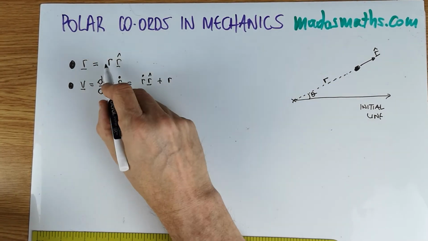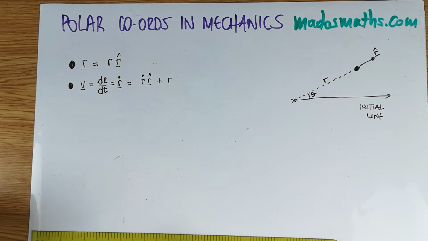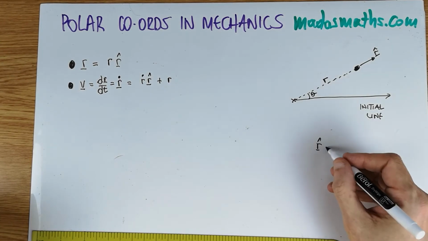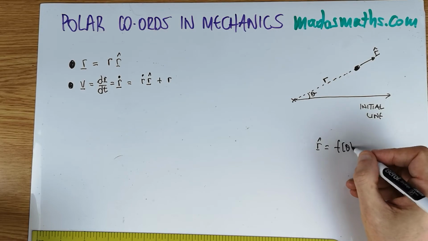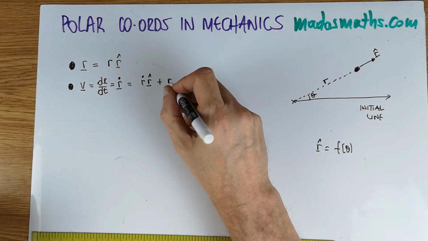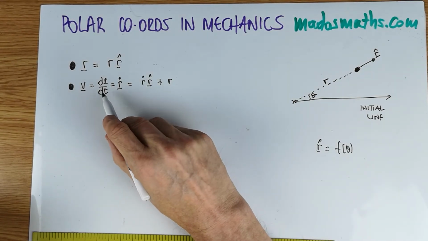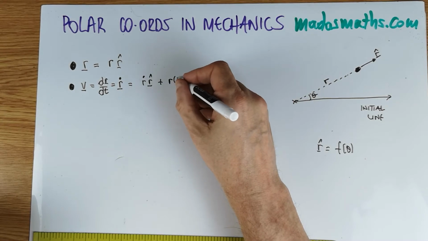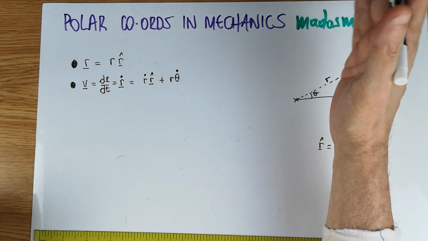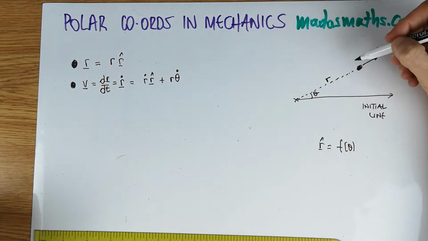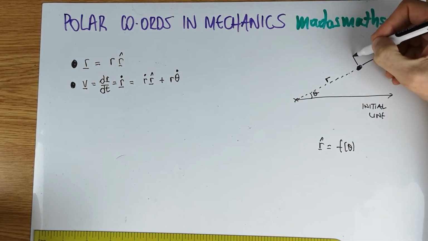Plus r. Now we need to differentiate the r hat. Now the r hat is not a constant vector. The r hat is in fact a function of theta. Therefore, when we're differentiating with respect to time, it will produce, by the chain rule, a theta dot, and the vector will rotate and it will go in this direction here.